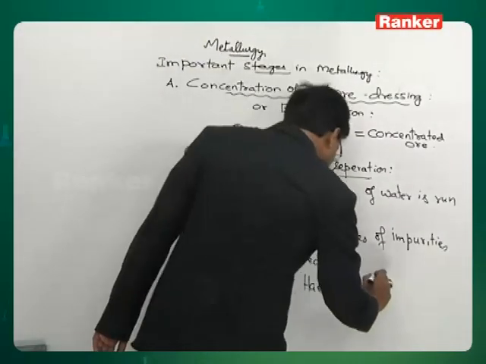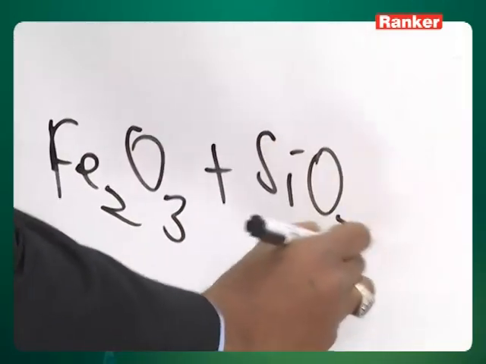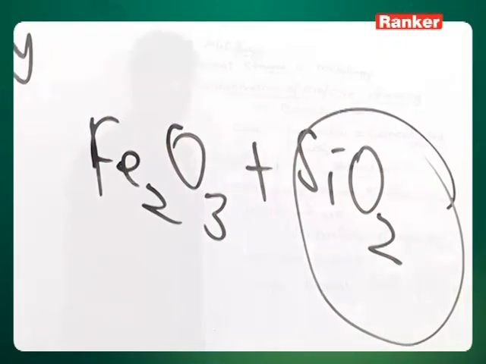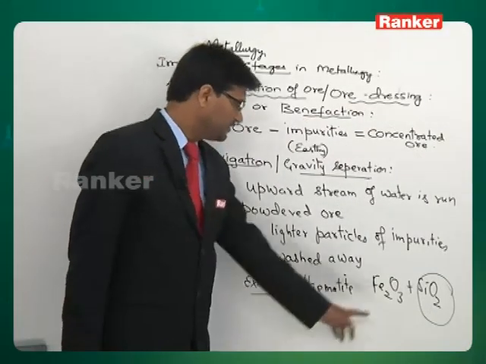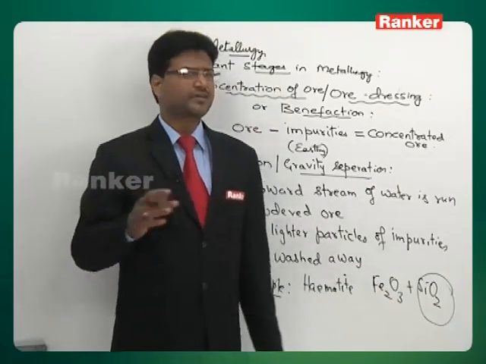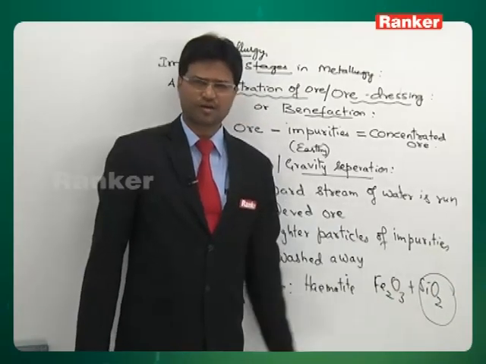Hematite is Fe2O3 and it contains SiO2 as impurity. This is the impurity present in the hematite ore. These Fe2O3 particles are heavier and SiO2 particles are lighter. So when you run a stream of water, these are washed away along with water.